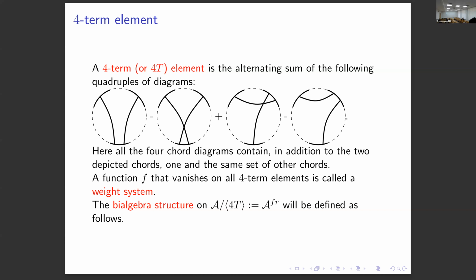All the 4 diagrams contain the same set of additional chords, and the ends of these additional chords belong to the dashed part of the circle. I only switch the endpoints of these 2 specific chords, and the other chords remain the same. I didn't draw them in the picture.